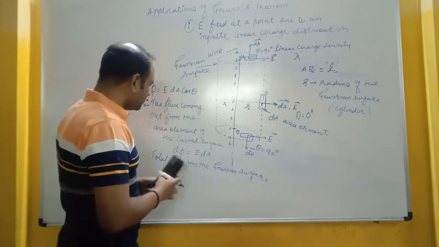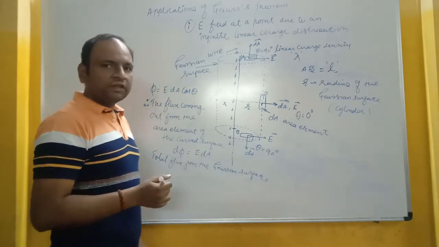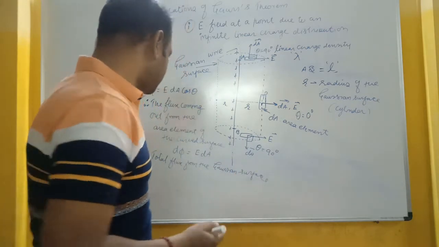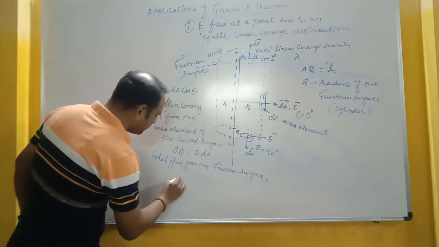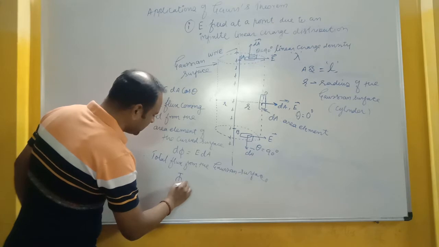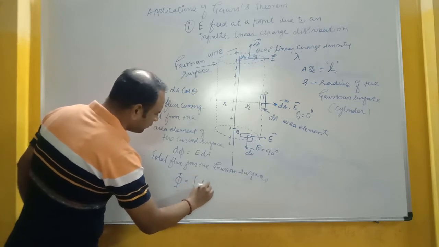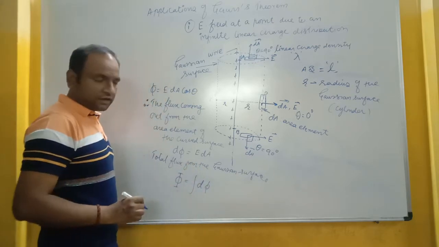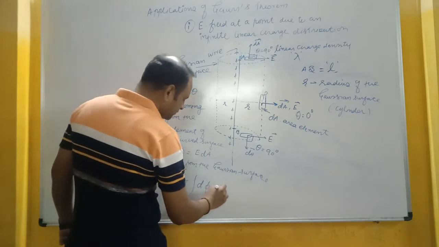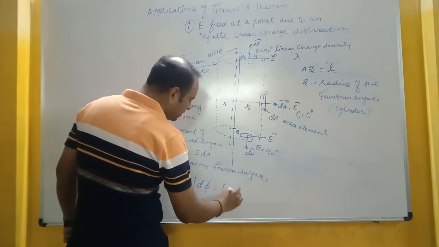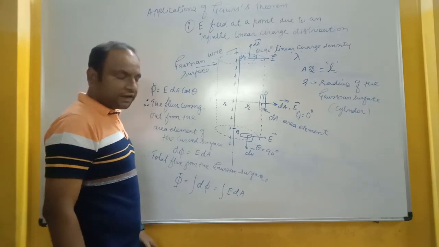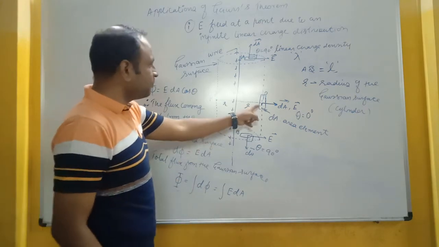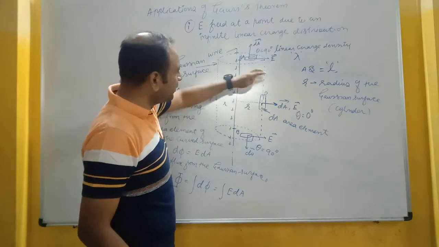That would be obtained by integrating my small flux. So the total flux phi would be equal to the integral of d phi. Putting in the values, it would be equal to the integral of E multiplied by dA.